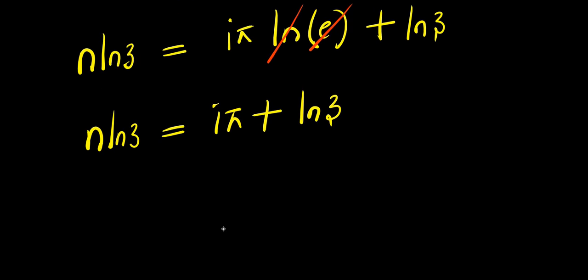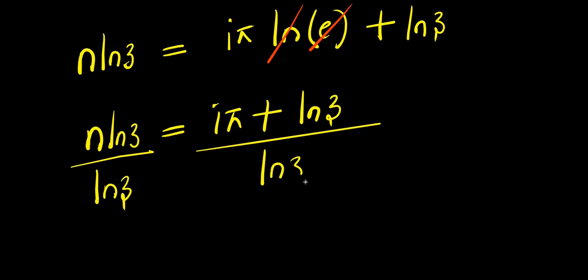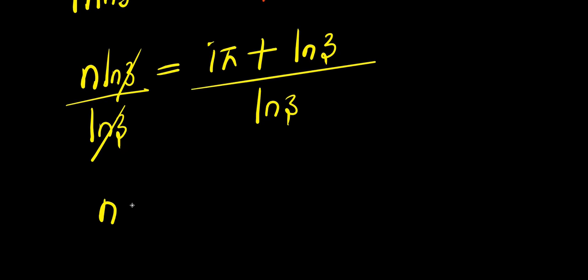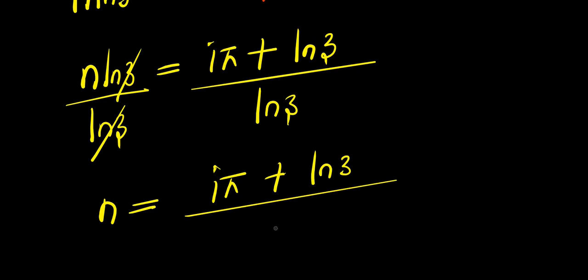Now, ladies and gentlemen, we can solve for n by dividing this by natural log of 3 and dividing this by natural log of 3. This eliminates this. I have n equals I times pi plus natural log of 3 divided by natural log of 3.